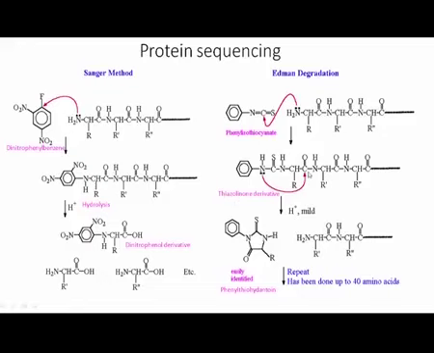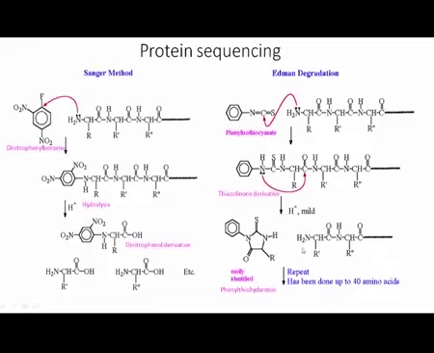This thiazolinone derivative can be subjected to a mild acidic condition. Remember, here you have a harsh hydrolysis condition, and here you are providing a mild acidic condition, and that would result in a phenyl thiohydantoin molecule.